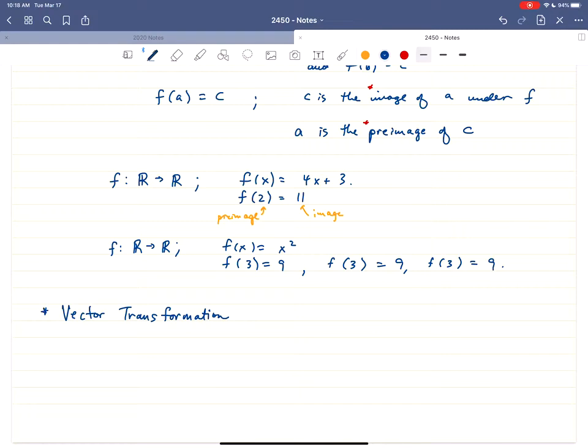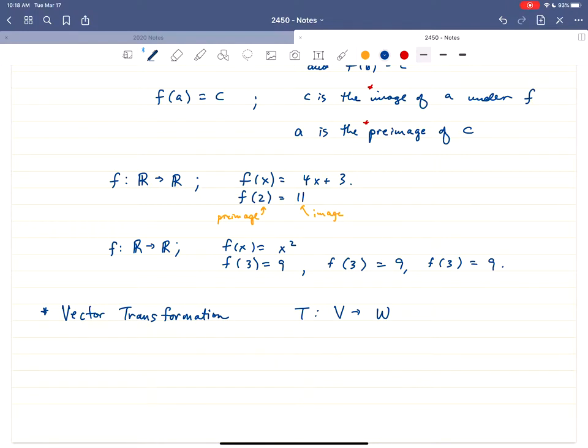A vector transformation is just a function, which I'm going to call T for transformation, from some vector space V to another vector space W. So we have to understand vector spaces before we talk about vector transformations. But other than this, it's the same.